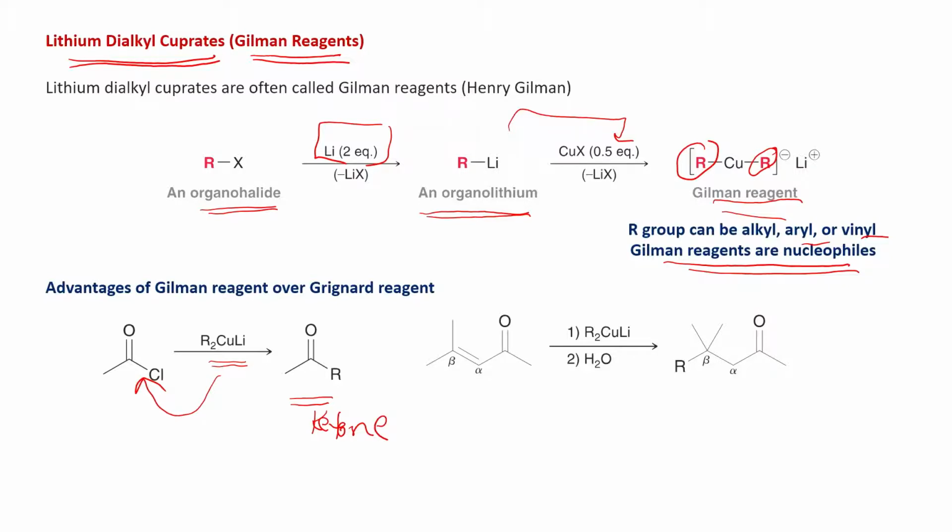But when you treat with Grignard reagent, first it will make ketone, and further one more Grignard reagent will react, will give you tertiary alcohol. And your Gilman reagent, when it reacts with an alpha beta unsaturated carbonyl compound, your R group will attack on this beta carbon, and you will get this Michael addition product. But it is not possible with Grignard reagent.